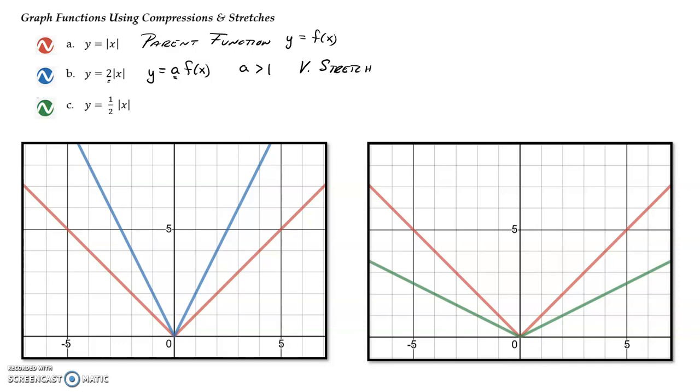And let's go ahead and pick a number here that's on our graph. We want to pick a point that's on our original function, which is our parent function, y equals the absolute value of x. And let's go ahead and use the point 3, 3.